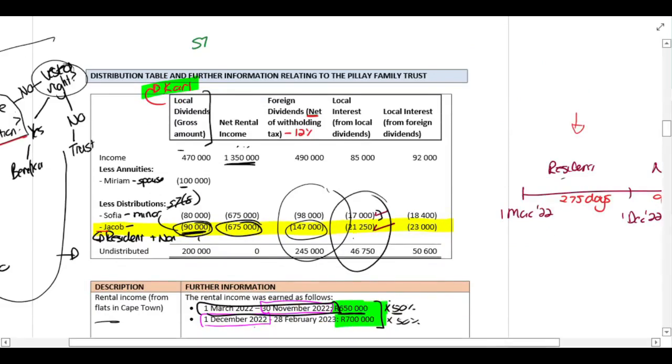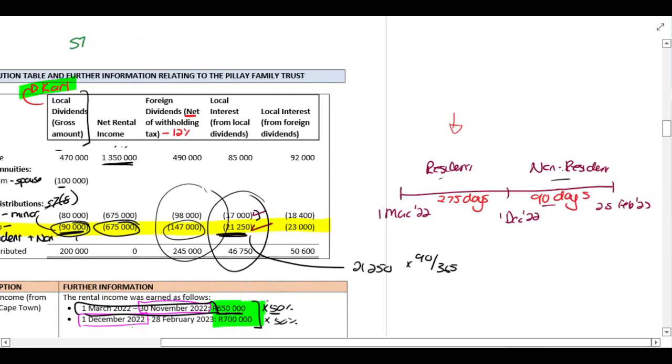Then the local interest, that 21250. It's earned evenly throughout the year. So 21250 times 90 over 365 is the period when he's a non-resident, and 21250 times 275 over 365 is the period when he is a resident.